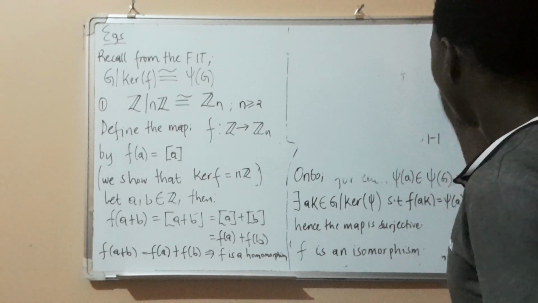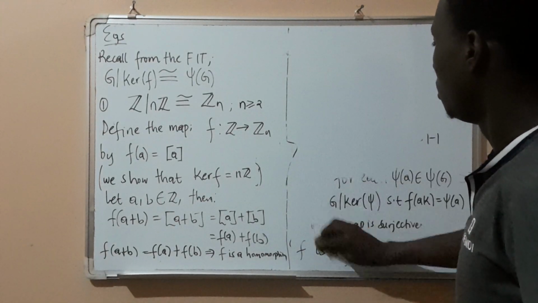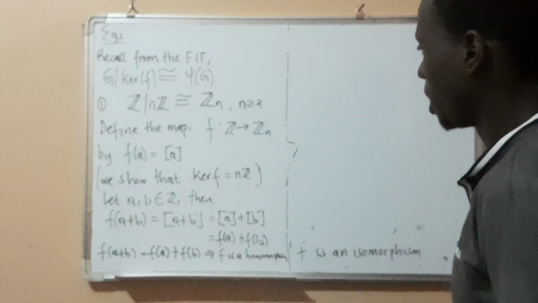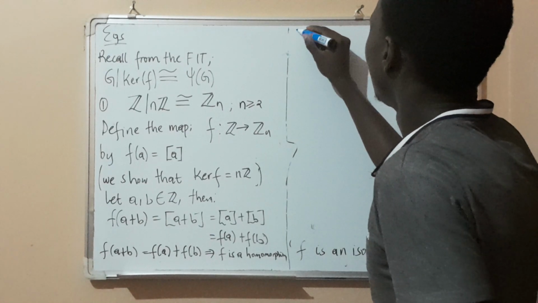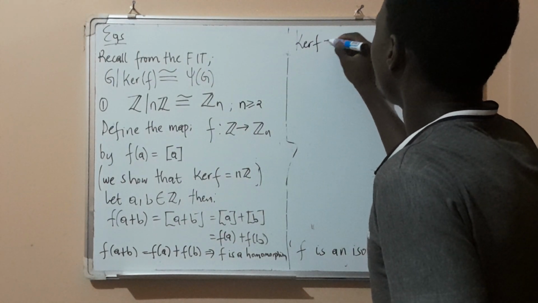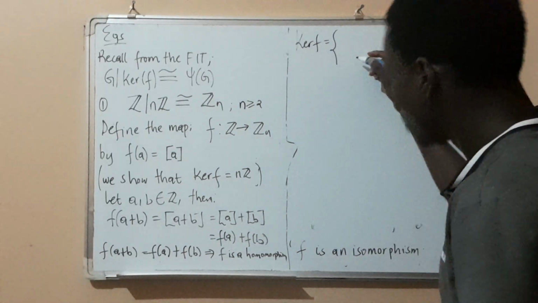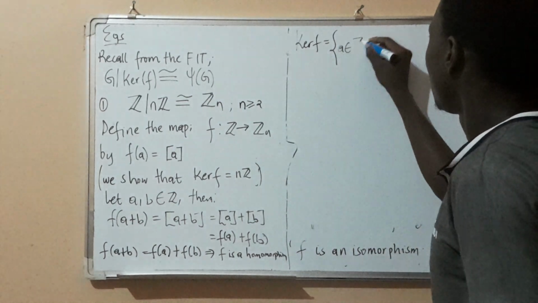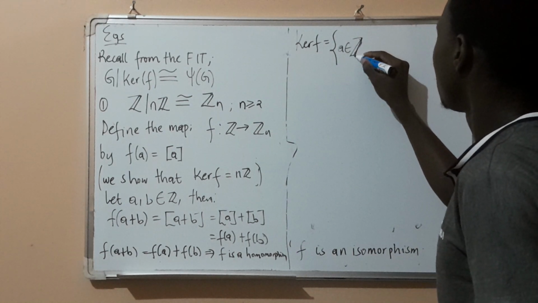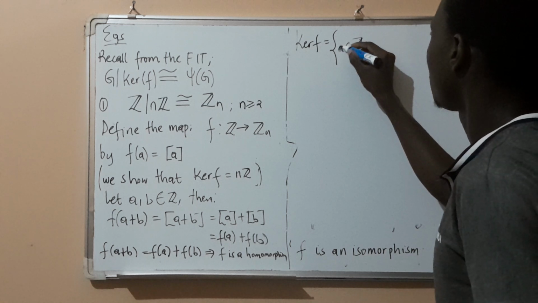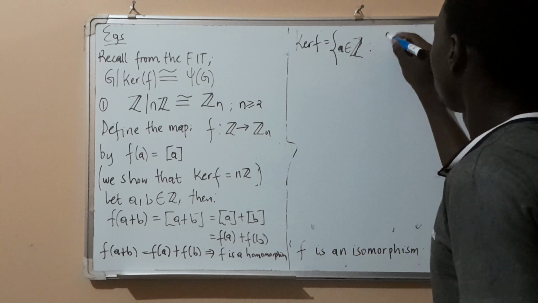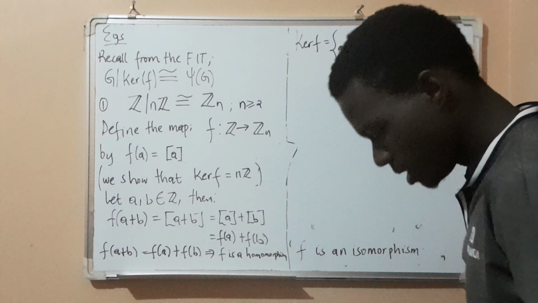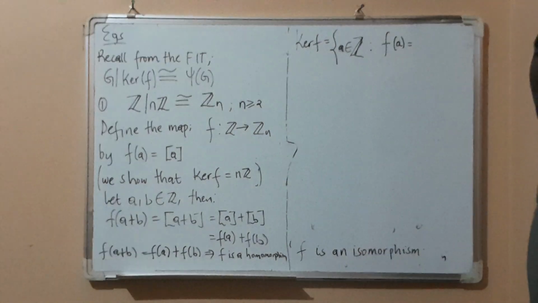The kernel of f, by definition, is the set of elements in Z such that under f, those elements are mapped to the identity within Zn.